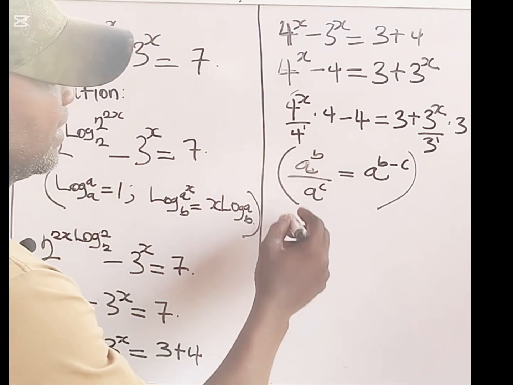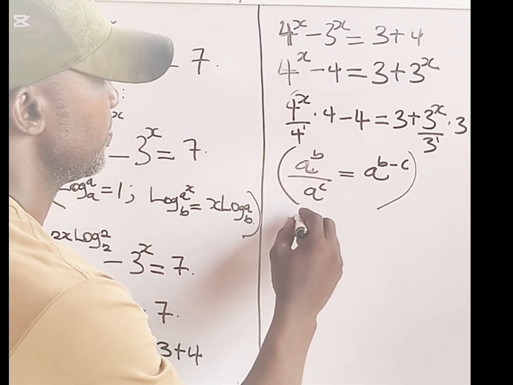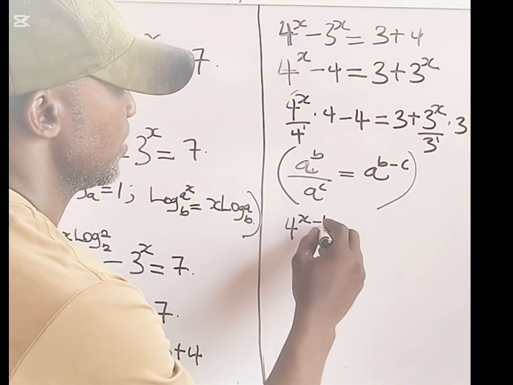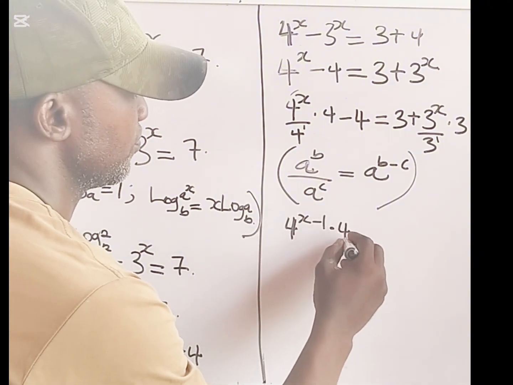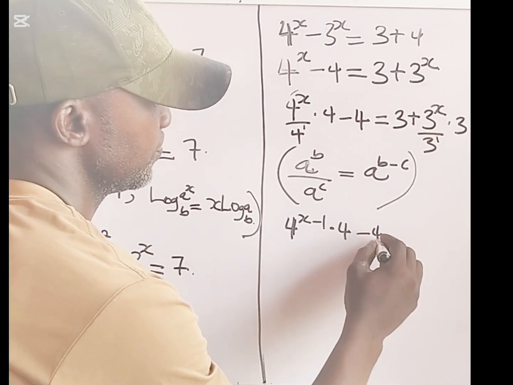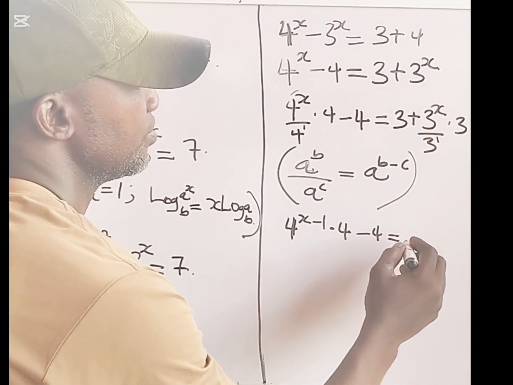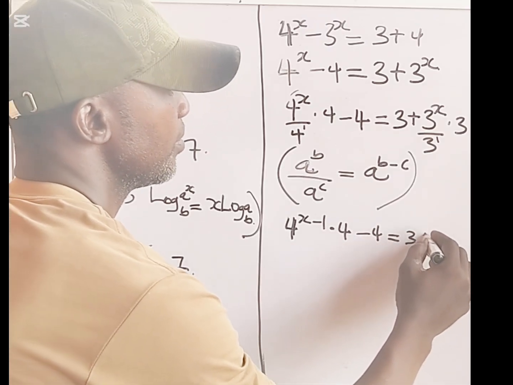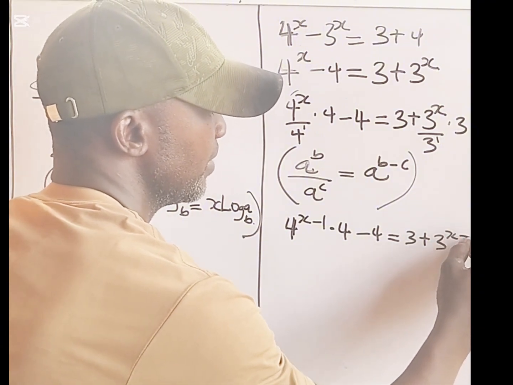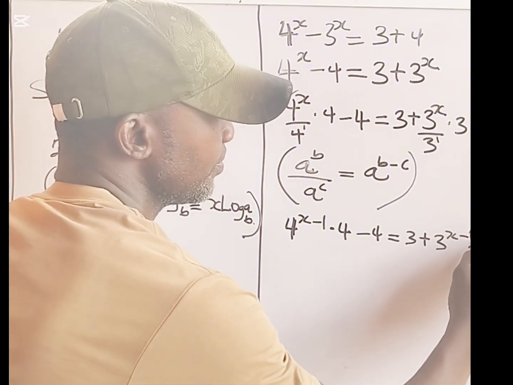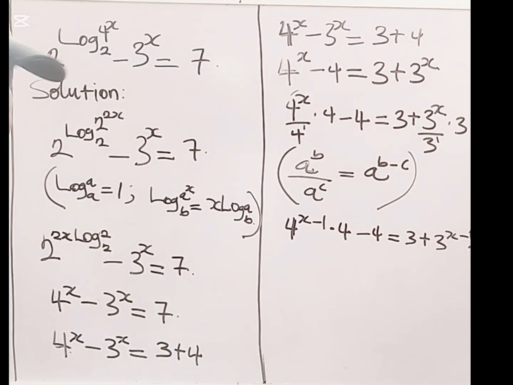When we do it, we're going to get 4 raised to the power of x minus 1 times 4 minus 4 is equal to 3 plus 3 raised to the power of x minus 1 times 3.